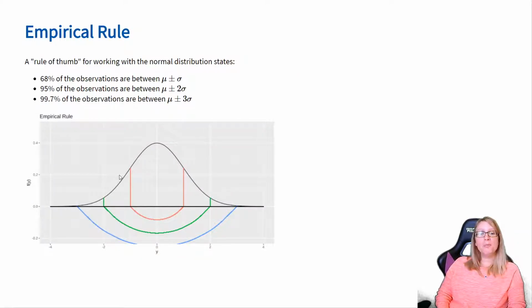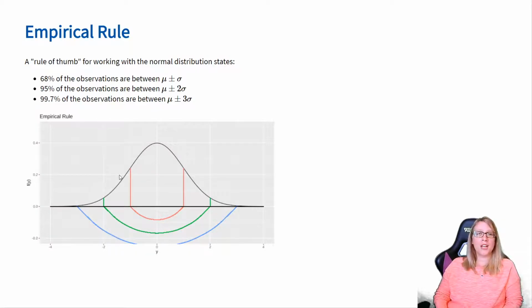Okay, so based on this standard normal, we get a nice rule for working with the normal distribution called the empirical rule. And here's what this says. This empirical rule tells us that about 68% of the observations in a normal distribution are between the mean plus or minus 1 standard deviation.